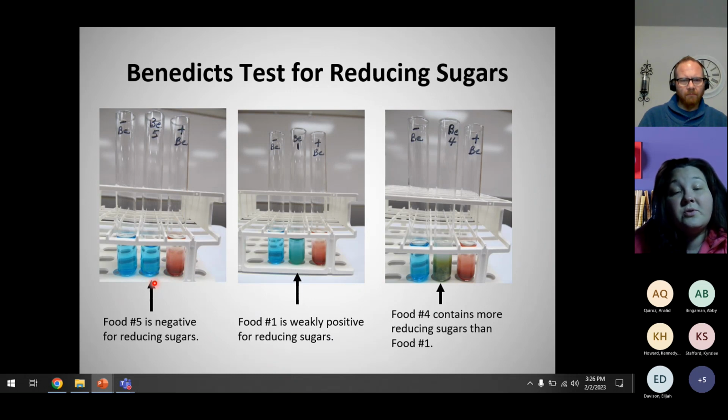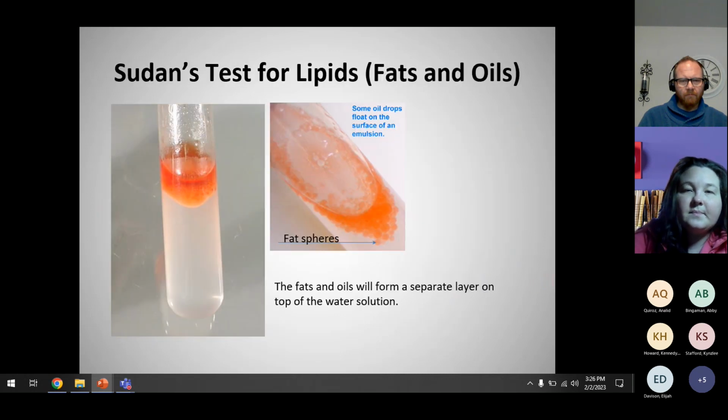So there are no reducing sugars in there. In this example, we have another food, and it is called weakly positive because it doesn't match the negative or the positive, but it matches more closely the positive. You can see the cloudiness going on in there. And food number 4 over here is more positive than it is negative, so we say it's positive.